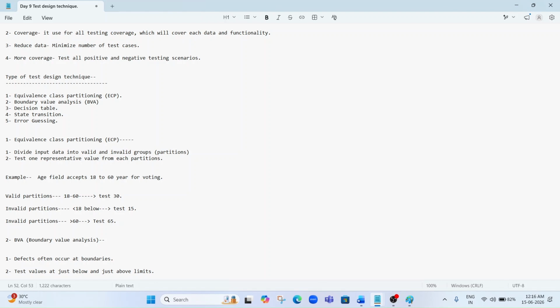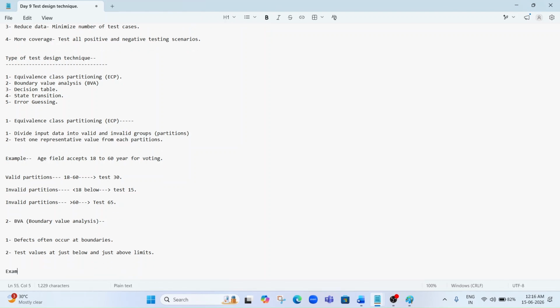So there is an example for boundary value analysis. A government creates a vacancy where the age limit is 18 to 35.